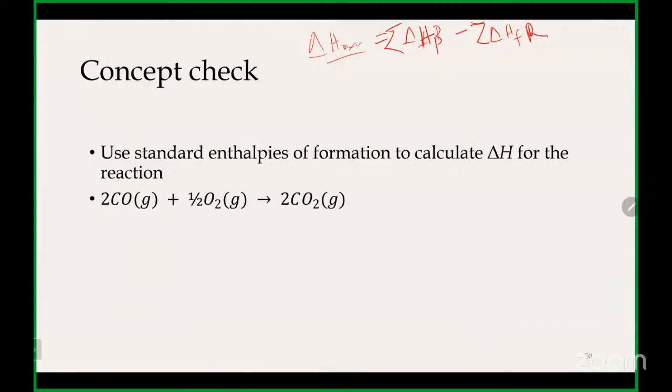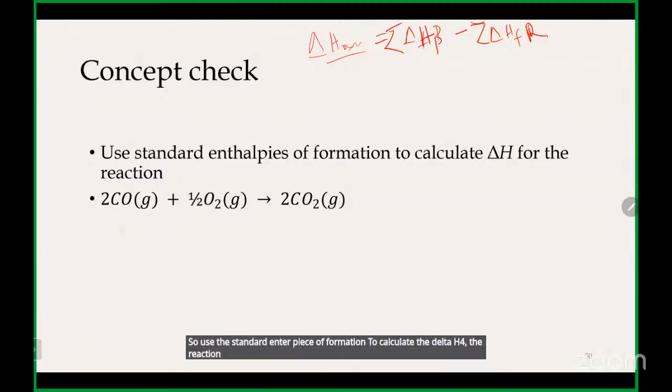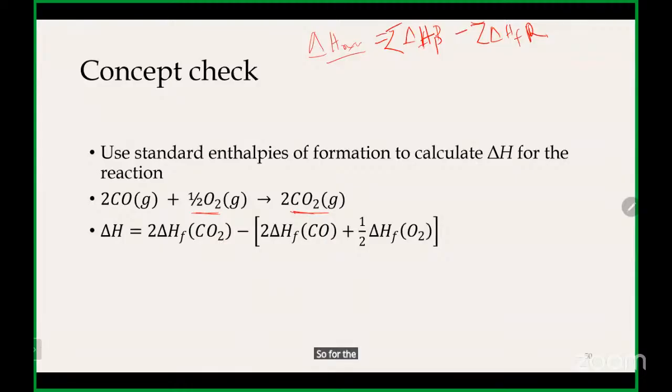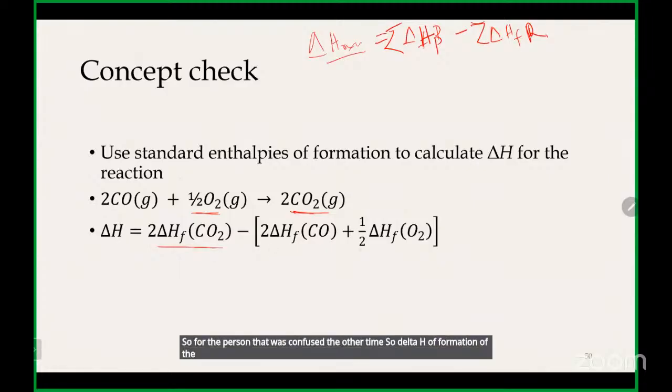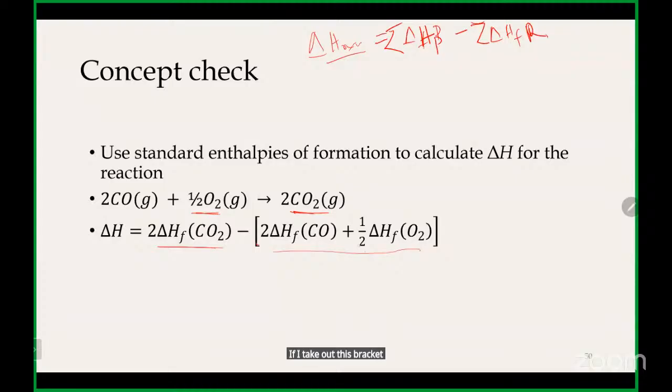Use the standard enthalpies of formation to calculate the delta H for the combustion of carbon monoxide to give carbon dioxide. For the person that was confused the other time, it is delta H of formation of the products minus sum of delta H of formation of the reactants. If I take out this bracket, the positive sign becomes negative. That's what I did in the last slide.